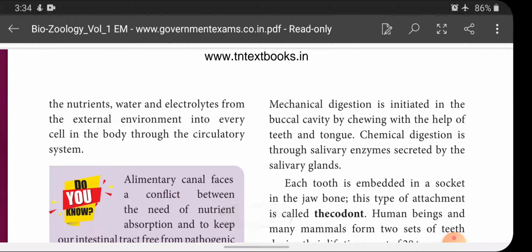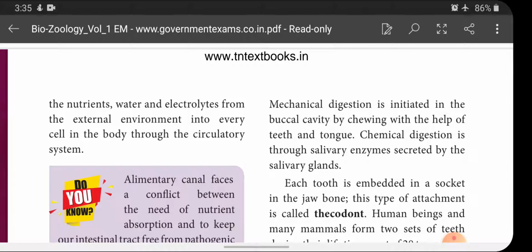Mechanical digestion is initiated in the buccal cavity by chewing with the help of teeth and tongue. Chemical digestion is through salivary enzymes secreted by the salivary glands. Actually, there are 2 types of digestion taking place in the mouth. One is mechanical digestion, another one is chemical digestion.